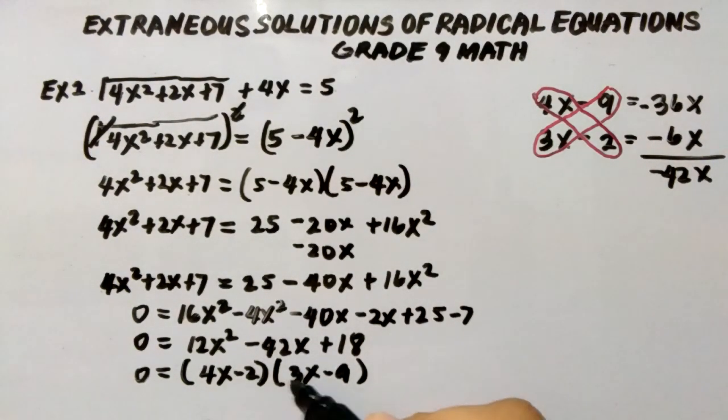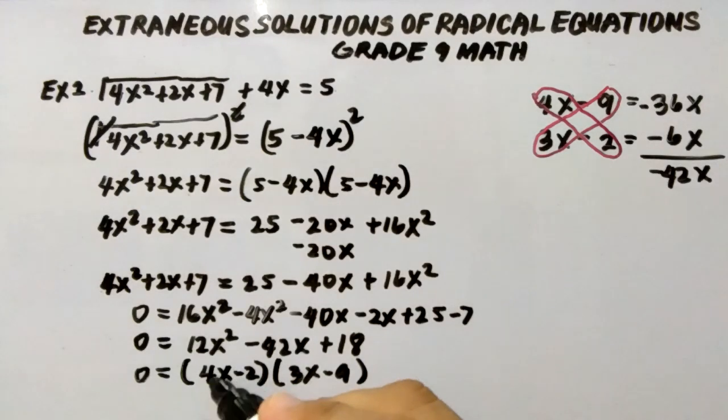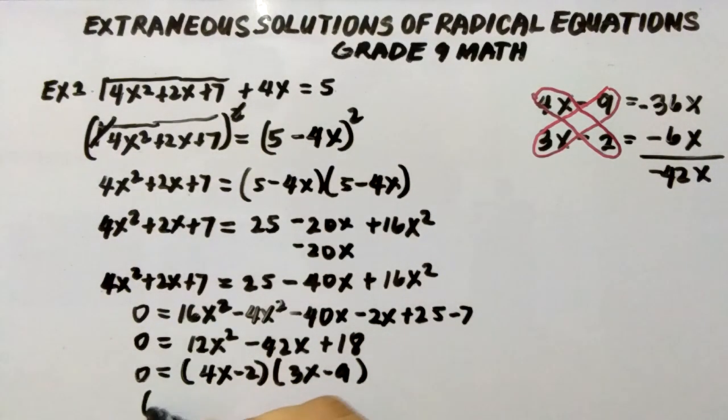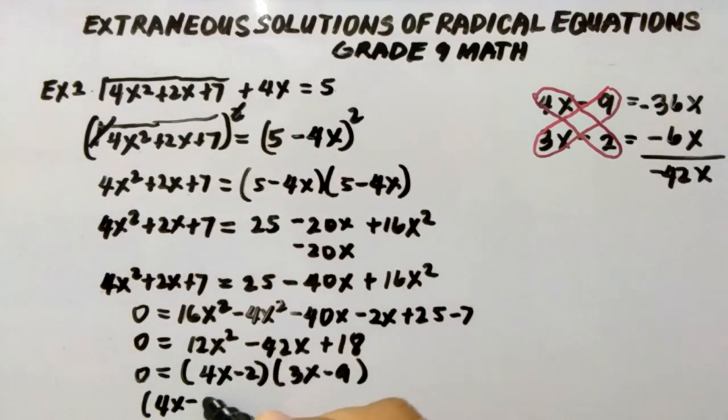So, ang gawin po natin, baliktarin po natin ito. Pwede pong mauna ito, yung dalawang quantity. So, we have quantity 4x minus 2 times the quantity 3x minus 9 is equals to 0.